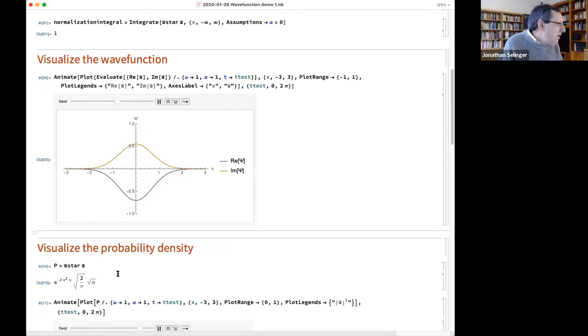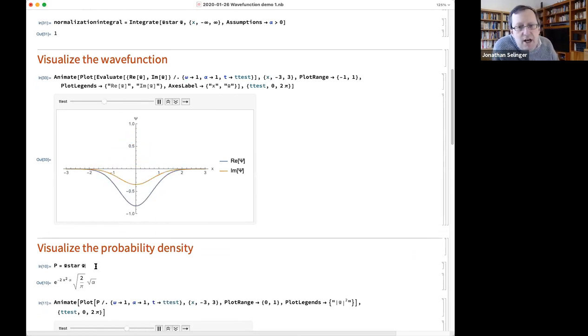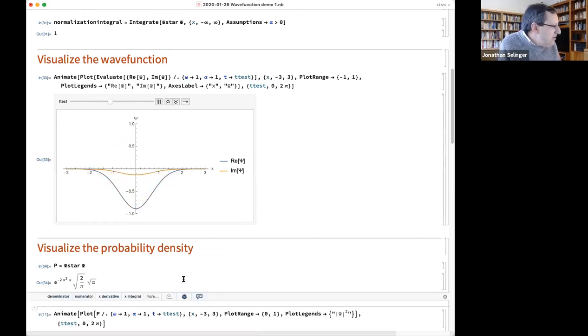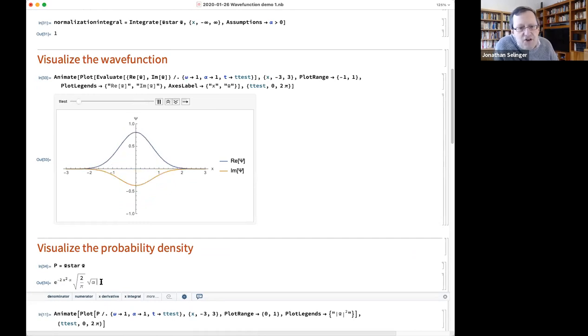Then what? Okay, then we could calculate the probability density. Okay, the probability density is the magnitude of psi squared. Okay, so here it is. And you can see it doesn't depend on time, right? That the time factors canceled.